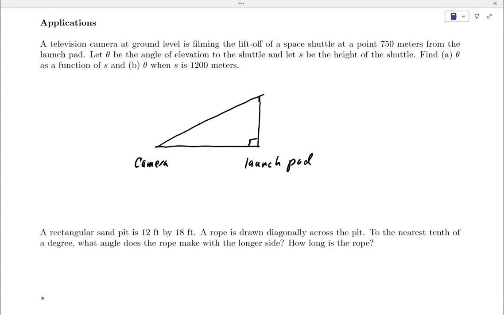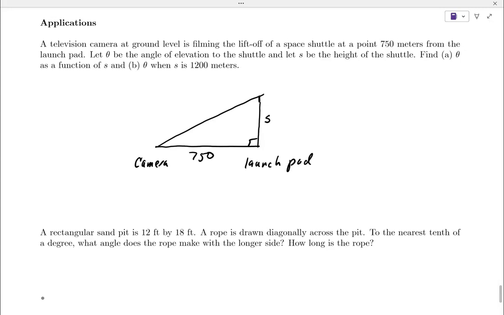The distance between the camera and the launch pad. Okay, and that's going to be 750. Good. So we can label that piece. What else can we label? So is the height 1200? So we'll do something when the height is 1200. The letter they gave us to represent the height is what in this case? S. So I'll make that an S. And then what else?